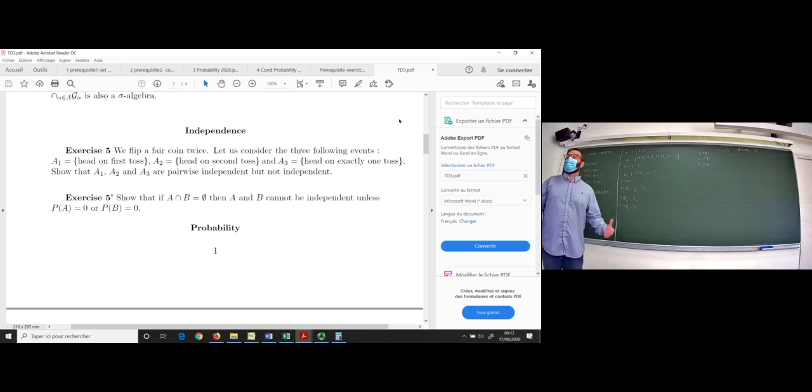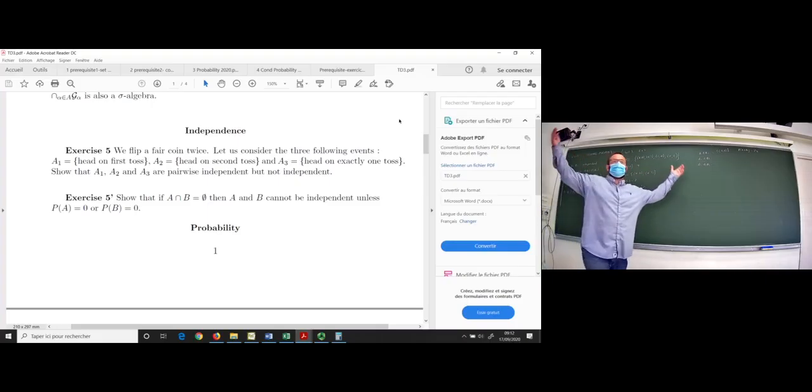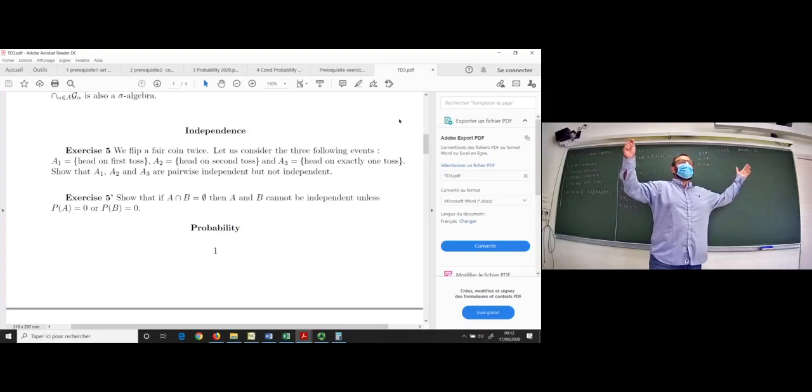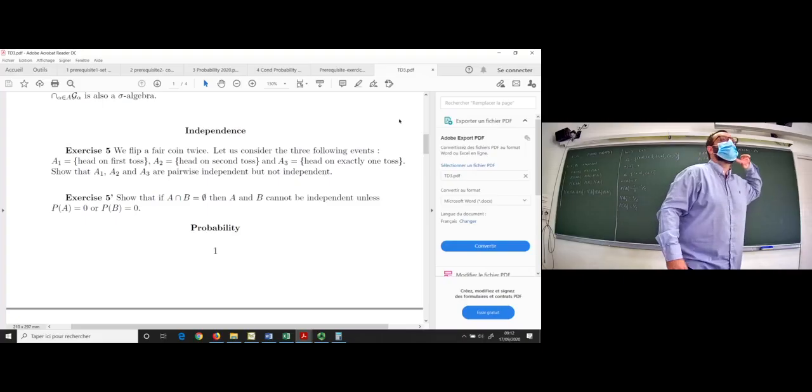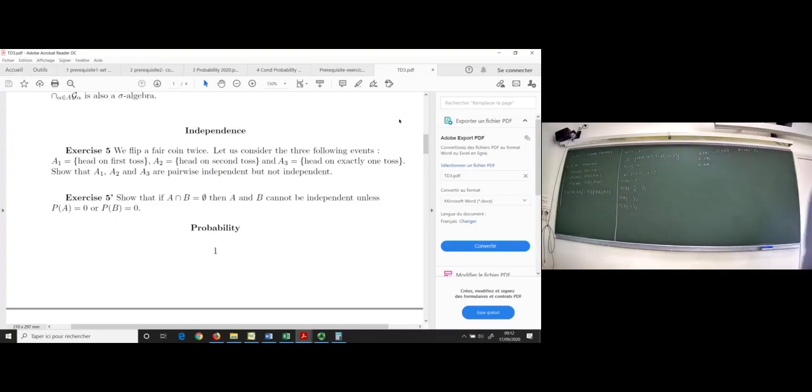I can try, but I have a small board. So there is let's say, a dilemma. If I write in a bigger way, I will erase the board very often. You can see here? Yeah, because I have a really, really small board. Okay?